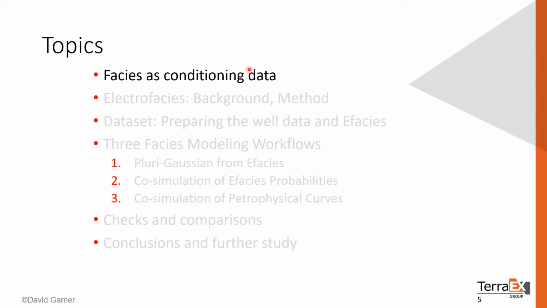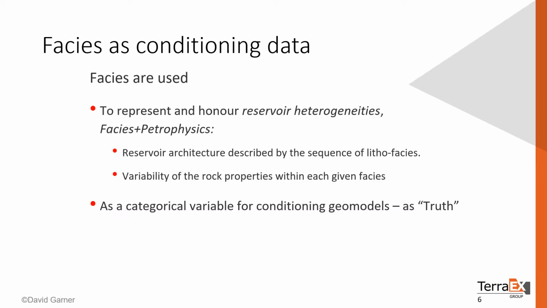All right, so first, facies is conditioning data. Facies are used in the geomodeling scope and other areas to represent and honor reservoir heterogeneities. And heterogeneities include both the facies categories and the petrophysics within them.